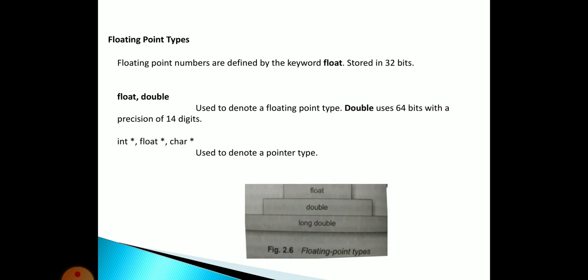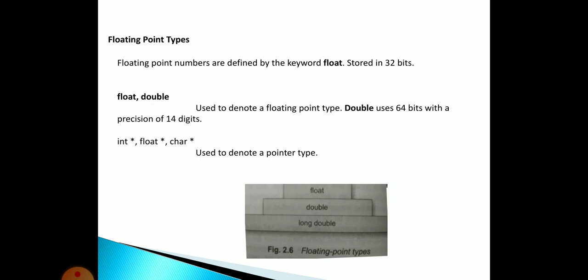To provide more extension for this, to extend the precision further, we may use long double, which uses 80 bits. So a normal floating point number is stored in 32 bits with 6 digits of precision, and a double data type is used to store 64 bits with a precision of 14 digits, and further it can be extended by using a long double with 80 bits.